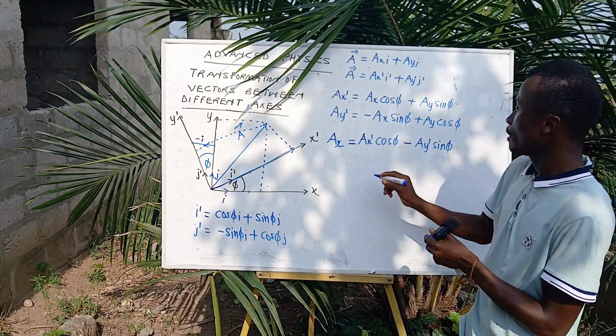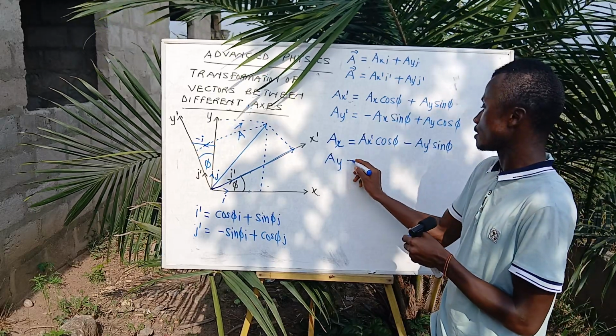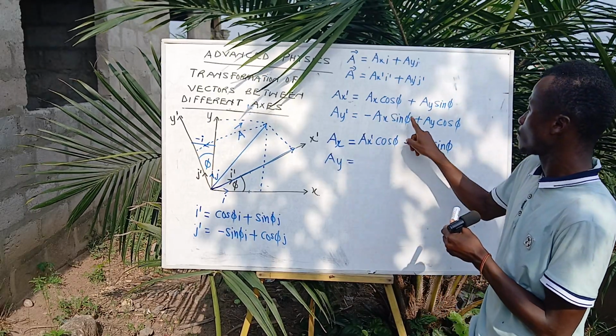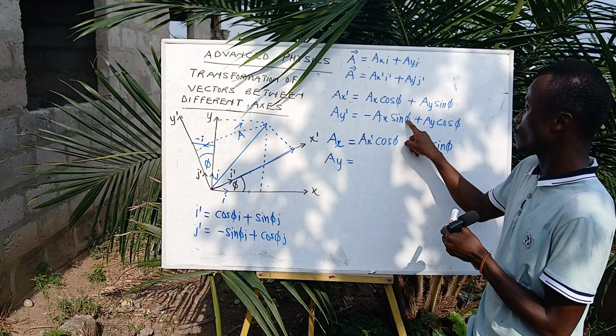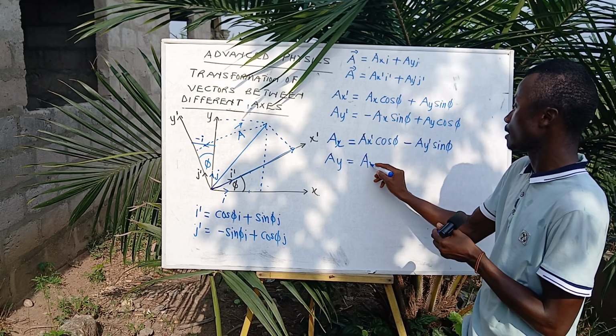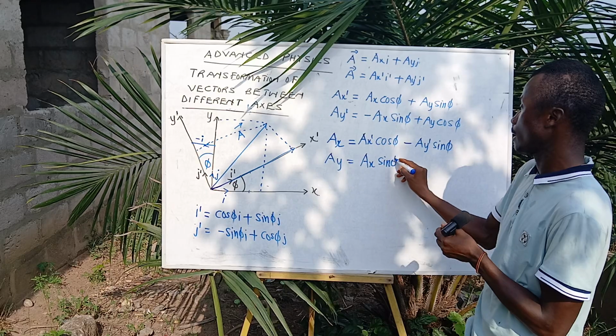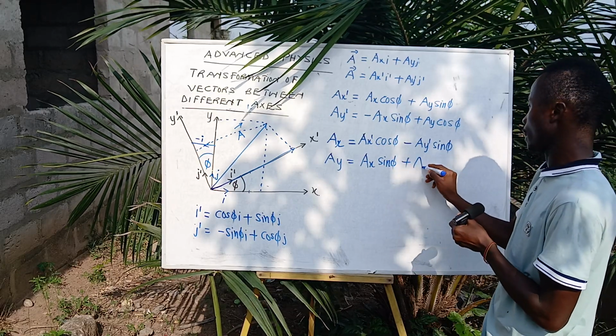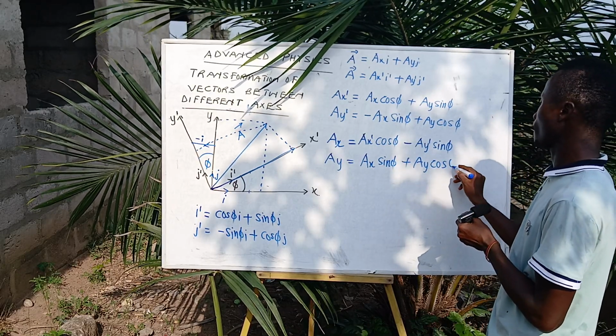That's what we have here. And then ay is equal to, so if you put negative phi here to give you negative sine phi, that negative will cancel this. So you have ax prime sine phi and then plus ay prime cos phi.